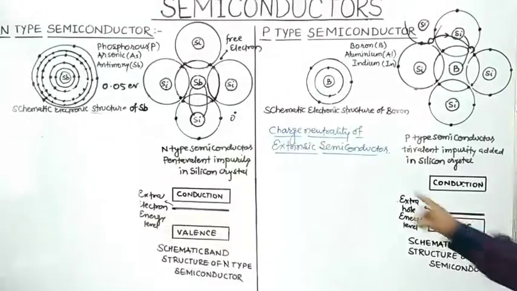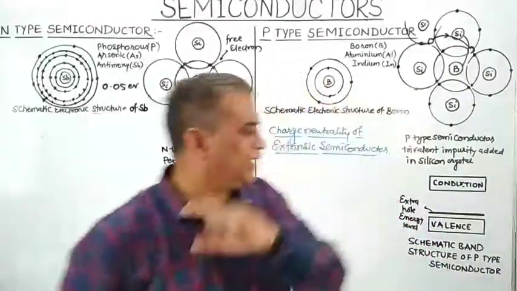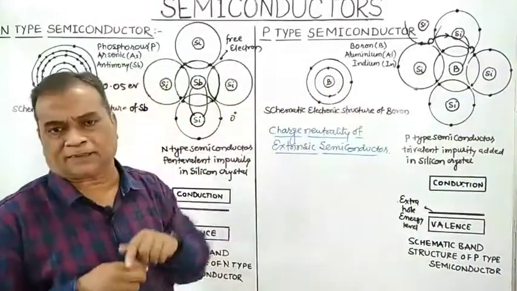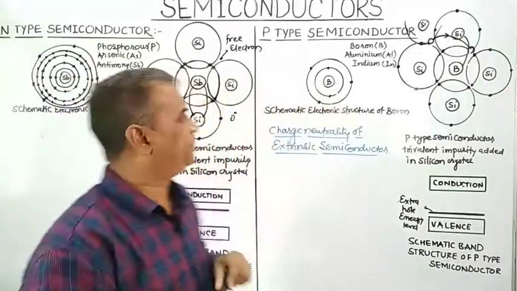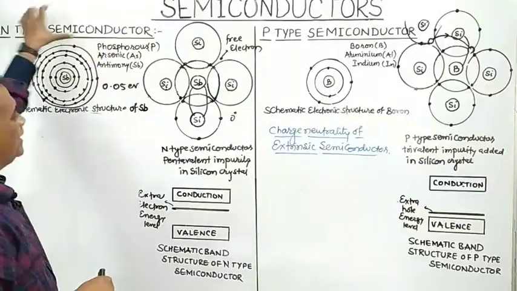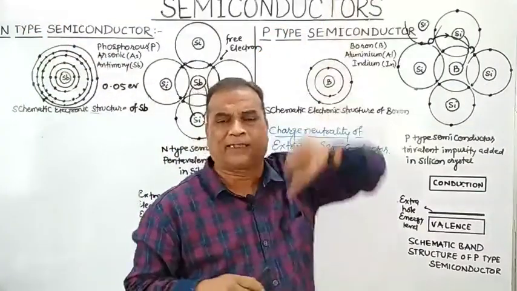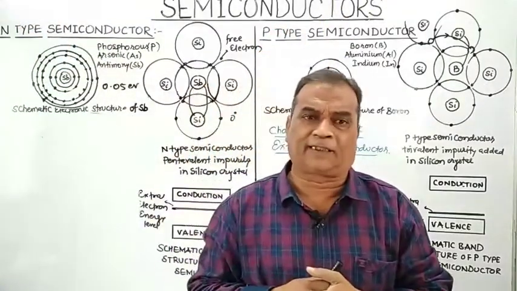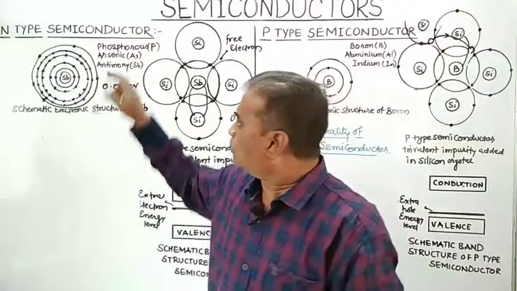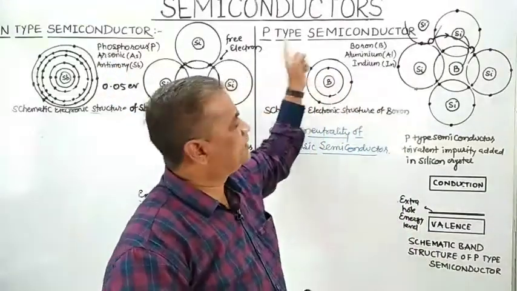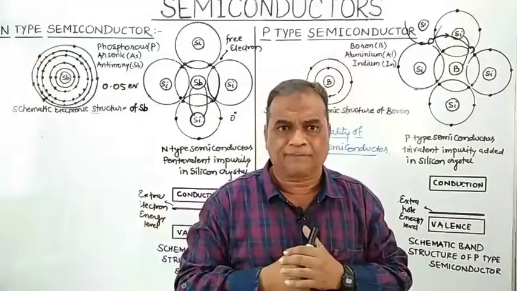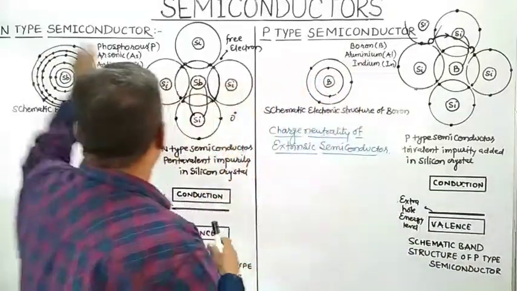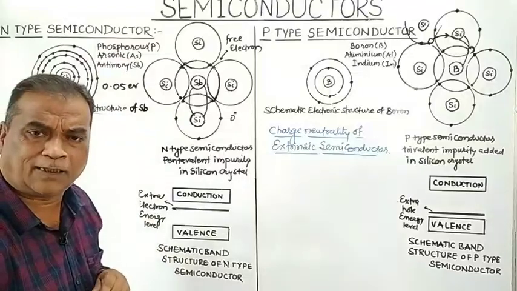Let us now discuss what is charge neutrality of an extrinsic semiconductor. Whether it is an N-type semiconductor or a P-type semiconductor, remember both are electrically neutral. How can you say that an N-type semiconductor is electrically neutral?